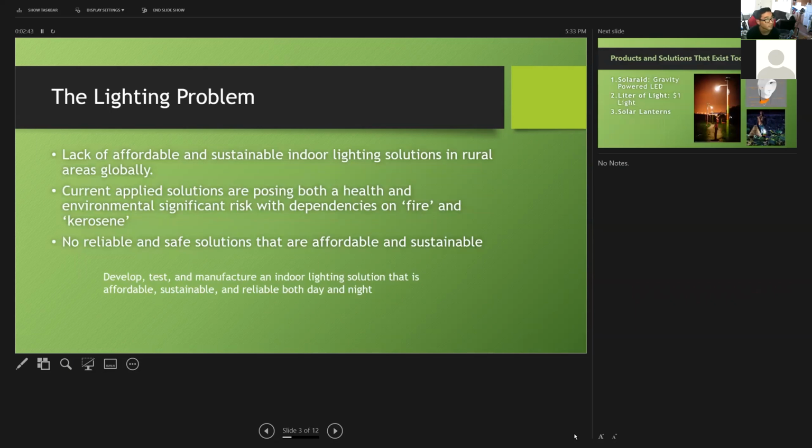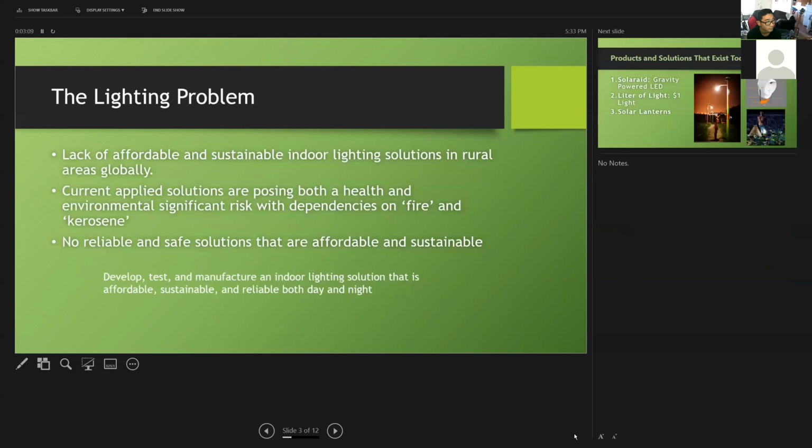The lighting problem, this is the problem that we were facing. I'm going to read it right off the slide because it's pretty direct. As we defined it, it's the lack of affordable and sustainable indoor lighting solutions in rural areas globally. Current applied solutions are posing both a significant health and environmental risk with dependencies on fire and kerosene.